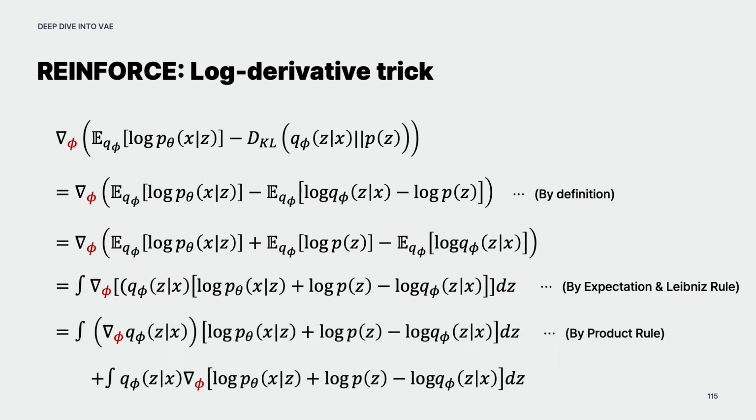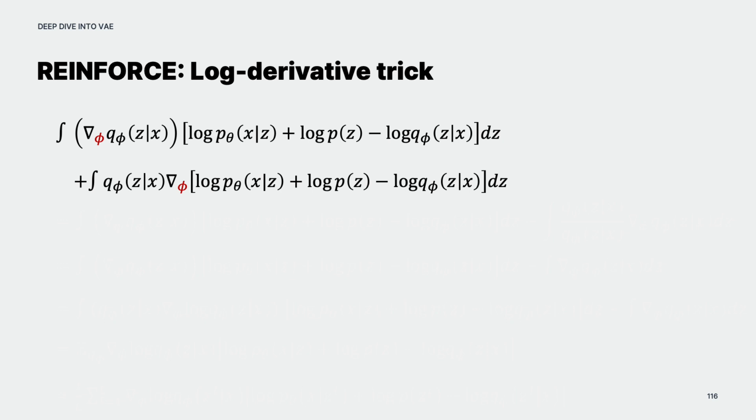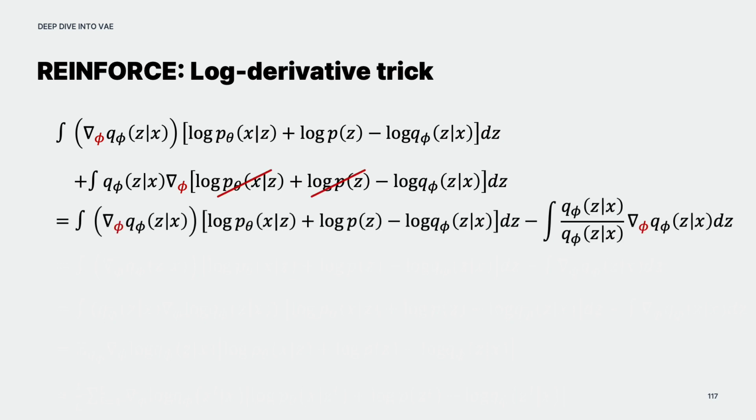By additionally applying the product rule, the expression becomes like this. In the second term, the parts involving theta or prior can be ignored during differentiation. Then, by applying the log derivative rule, we arrive at the following expression.